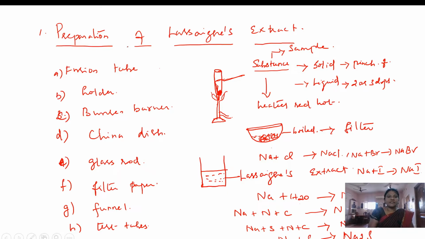In this class, let us see about the Lassaigne's test. Lassaigne's test is one of the tests used for the organic qualitative analysis of compounds.